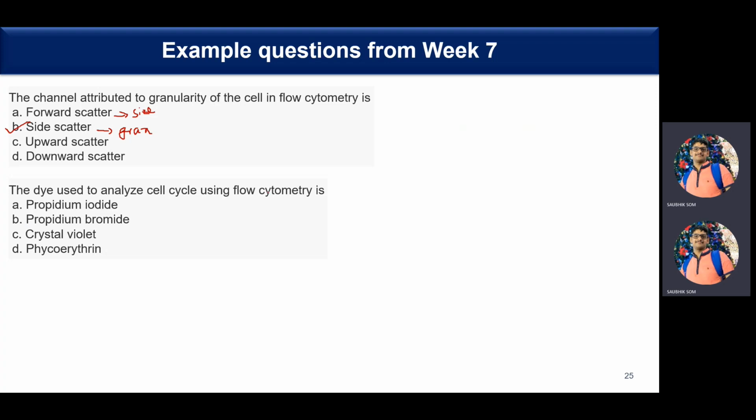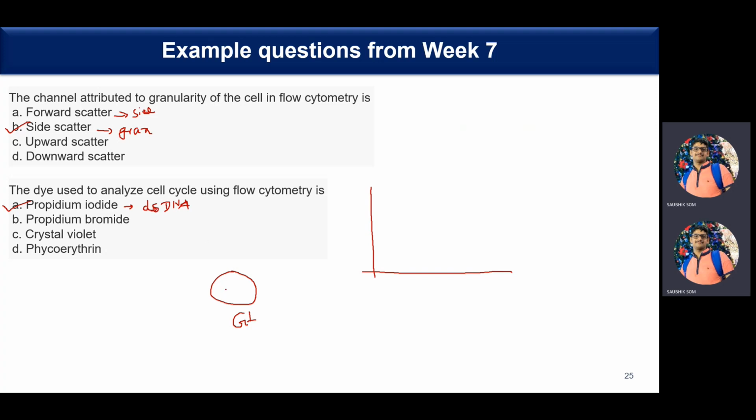The dye used to analyze the cell cycle, as I've told, is propidium iodide. What will happen with propidium iodide? I should explain this a bit. Propidium iodide binds only to double-stranded DNA, or dsDNA.